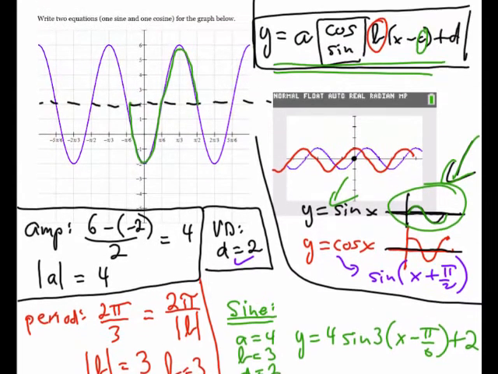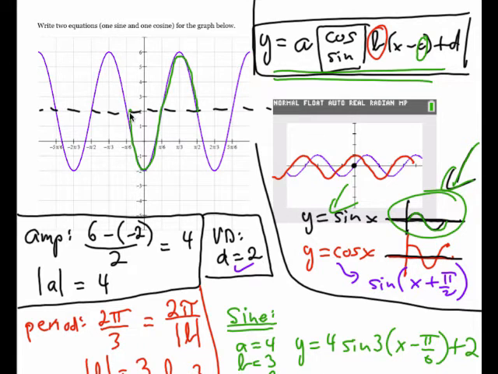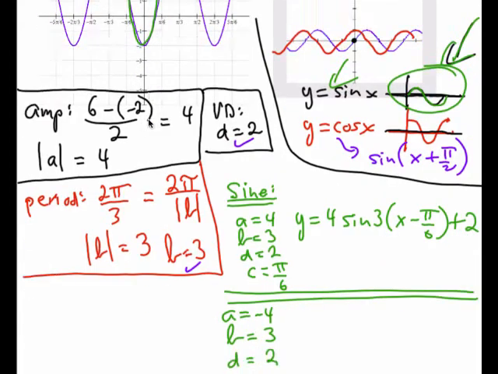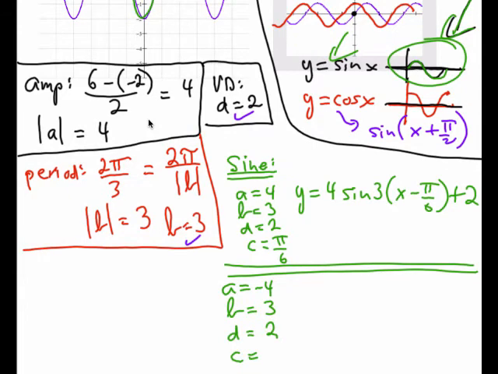But my horizontal shift, again, I've got to put this point at the starting point, which is right there. Because a sine starts at the origin, we would have to move it pi over 6 to the left, which would make C negative pi over 6.